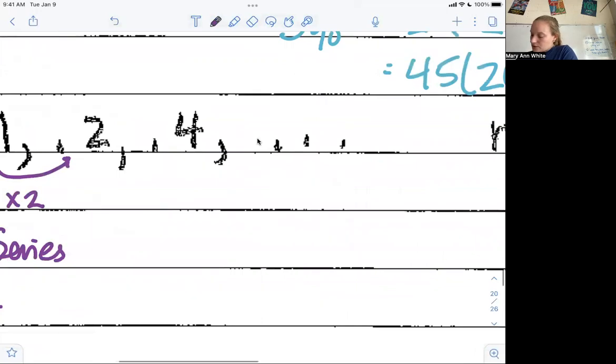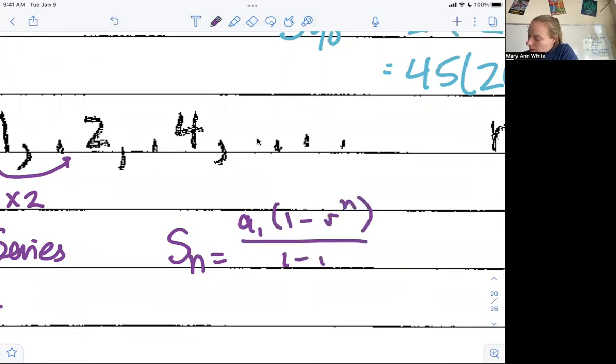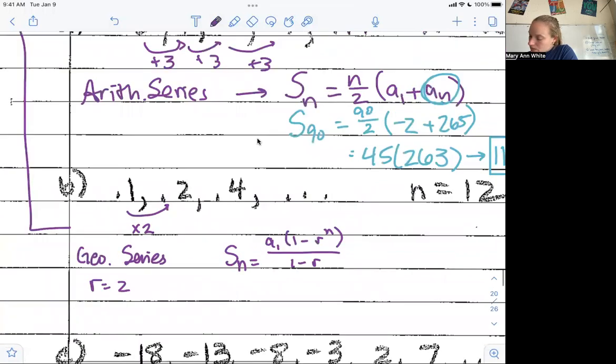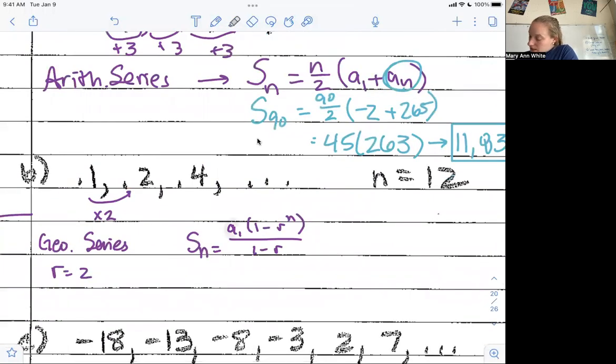Now let's see what our geometric series is, see if we need to do any work. S sub n equals a sub 1 times 1 minus r to the n all over 1 minus r. Ooh. We have a sub 1. We have r. Oh, and we have n. Yes. We don't have to do any extra work. We just have to plug those 3 things in and we have to go from there.